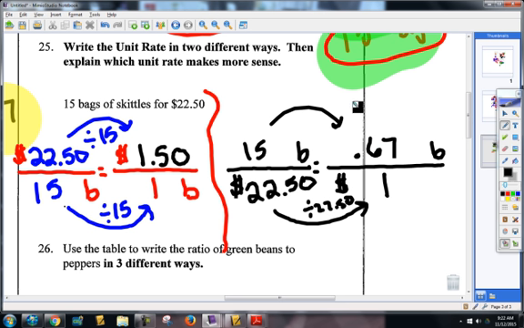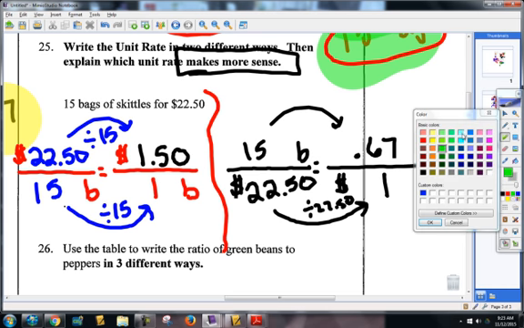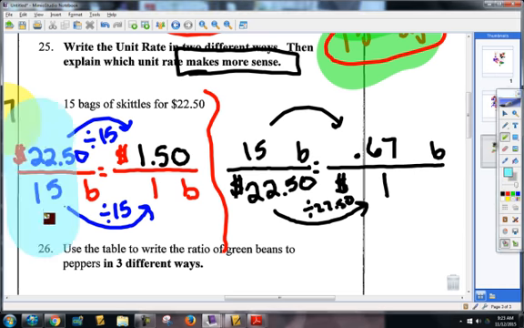We've got to now determine which one makes more sense. Ava? I said B, the first one. Yep. Makes more sense because you can't get 0.67 back. Absolutely perfect response. That is beautiful, Ava. If I go into Walmart and I want to buy a bag of Skittles, I'm going to have to pay $1.50, right?